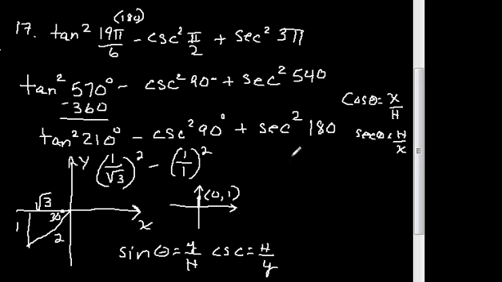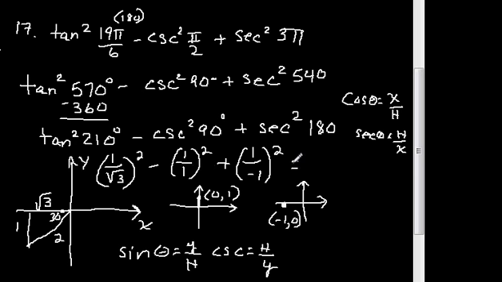So if I do another little sketch for this one, it's too small for that. It's 180, so it's going to be right here. Its point would be -1, 0. Its secant would be the hypotenuse, which is this right here, 1, over x, which is -1. And that is squared.